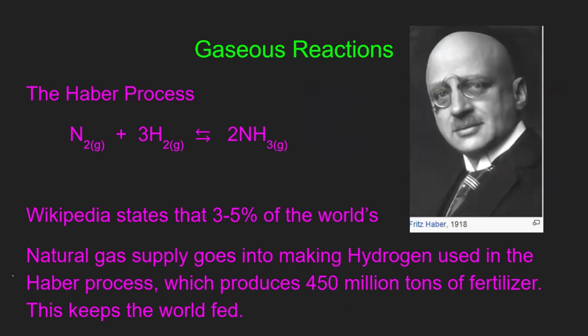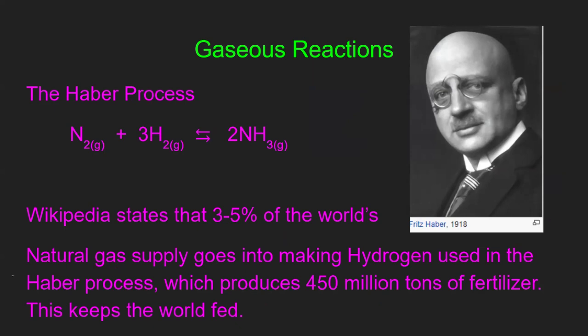The other really famous reaction that we do quite a bit in chemistry is the Haber process. It's sometimes referred to as the Haber-Bosch process because more than one chemist worked on it. In fact, the reaction was pretty well known to chemists, but Fritz Haber became famous for sort of mastering this reaction.